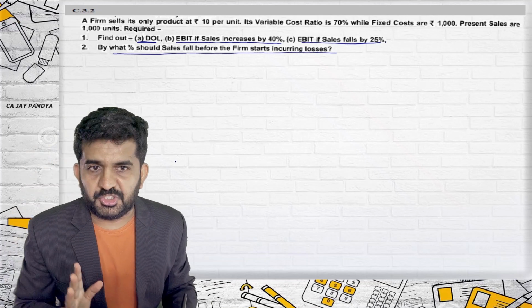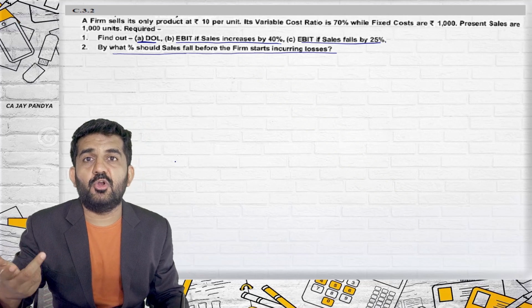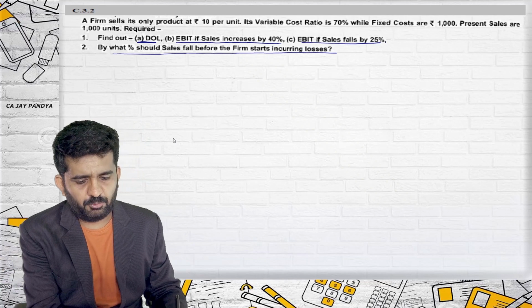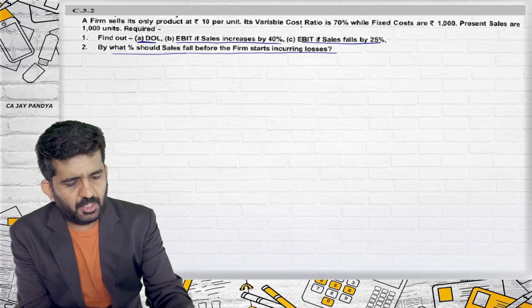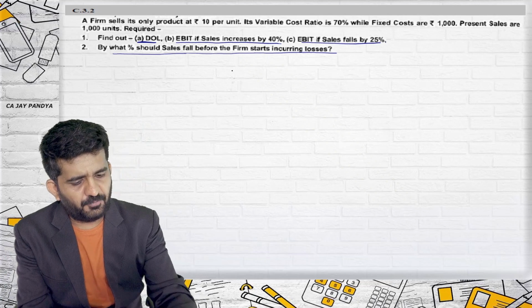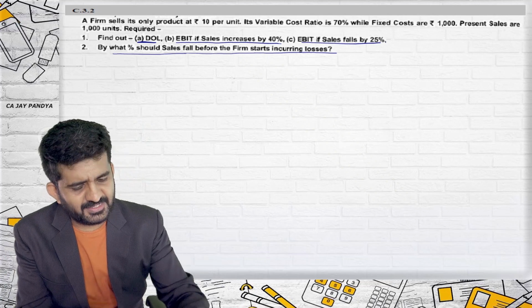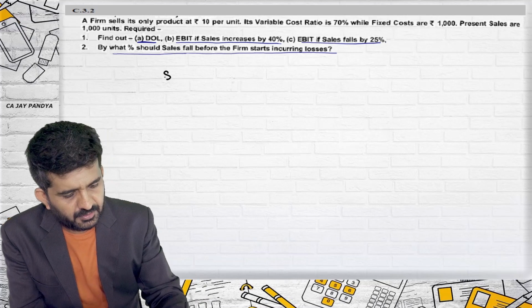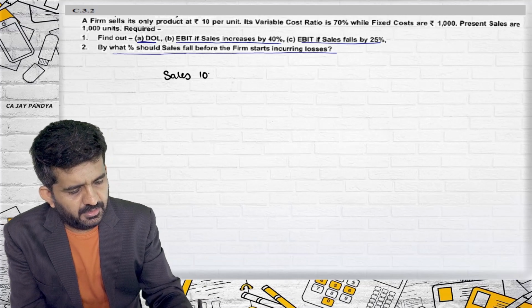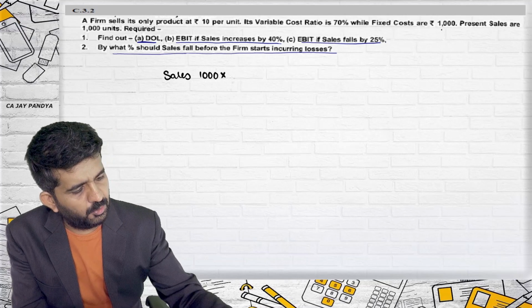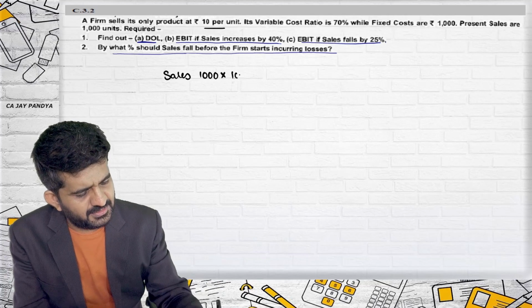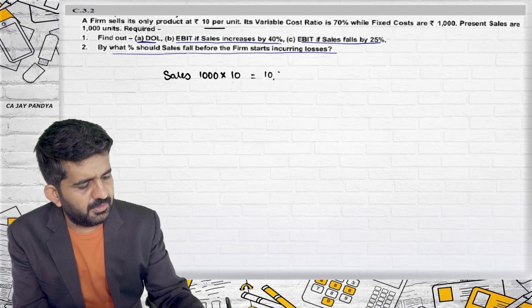This is a good question because it tests your knowledge of degree of operating leverage. First, let me find out DOL, that is degree of operating leverage. What is the present sales? 1000 units. So sales will be 1000 into what is selling price? 10, which is nothing but 10,000.